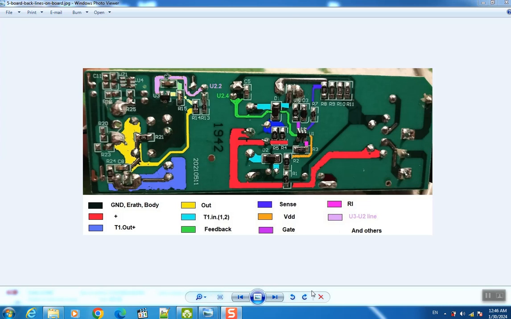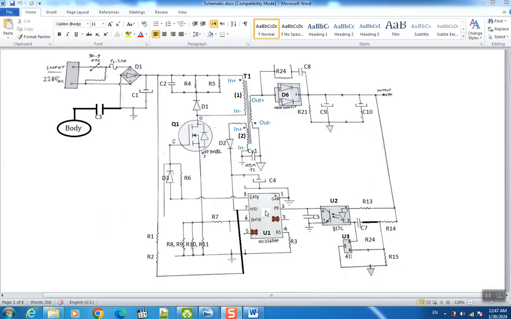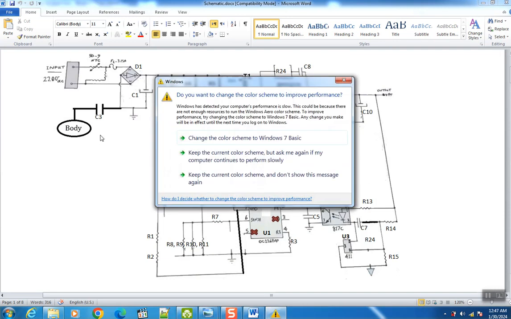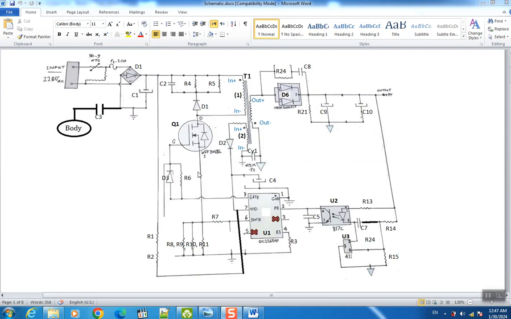Now I'm ready to design my customized service schematic document for myself. I have already created my service schematic.